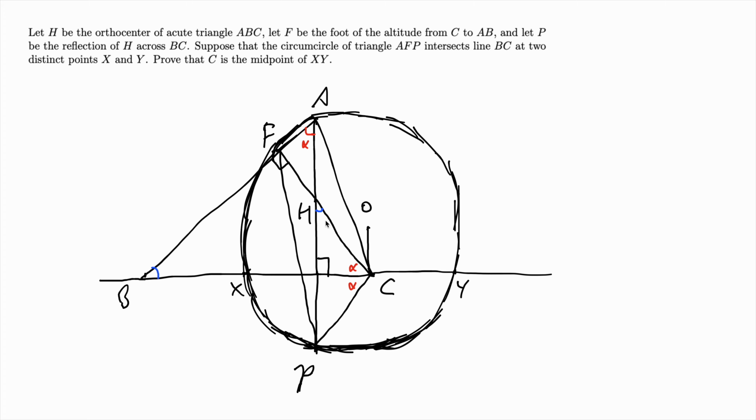If this is alpha, this is beta. So alpha plus beta is 90 degrees, so this should be beta, because it's 90 degrees here, and alpha plus beta is 90 degrees, so this should be alpha.